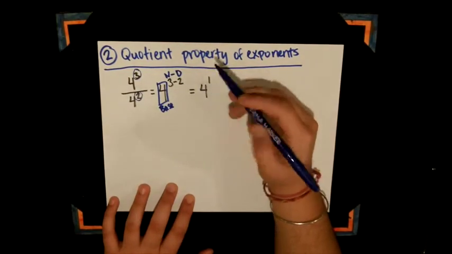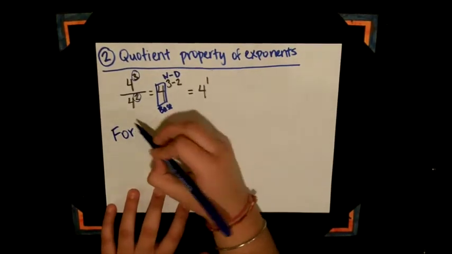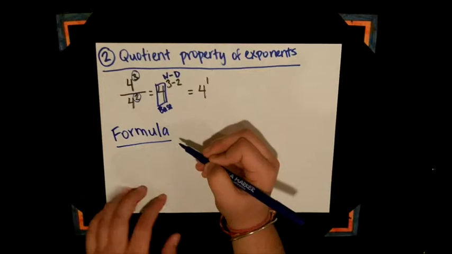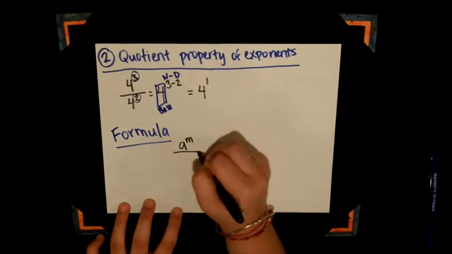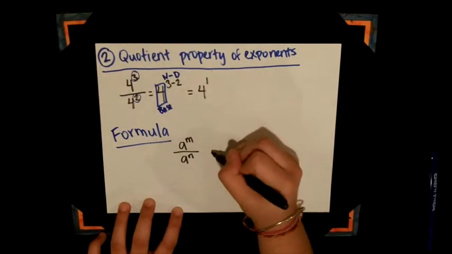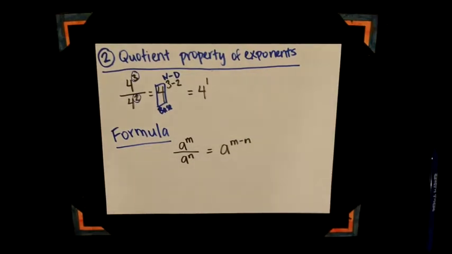Now, let me show you the formula. A^M divided by A^N equals A^(M minus N). Now let me show you using the example.